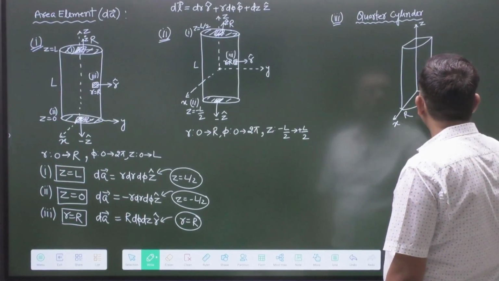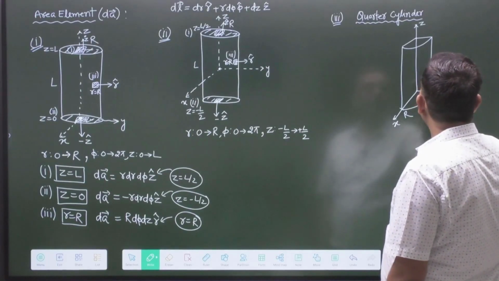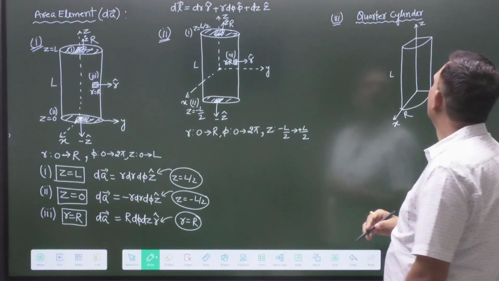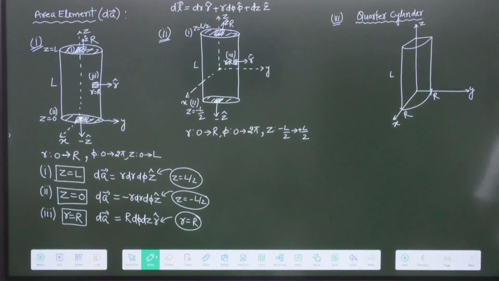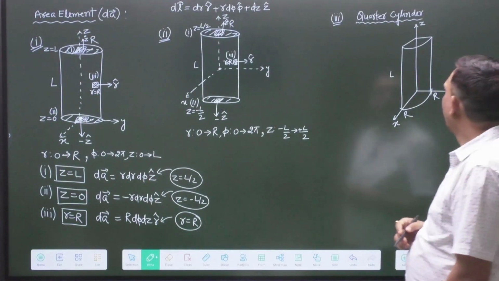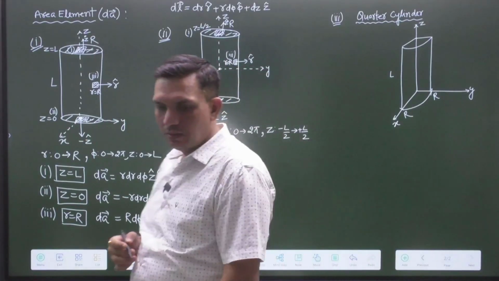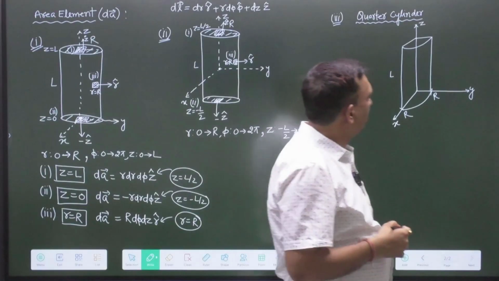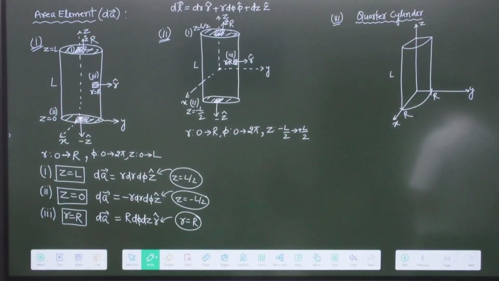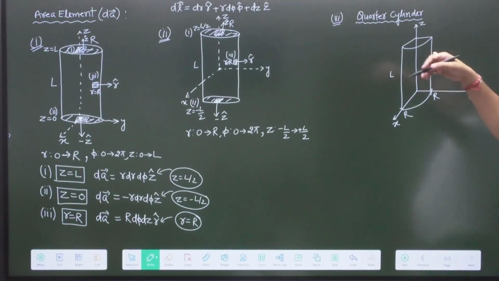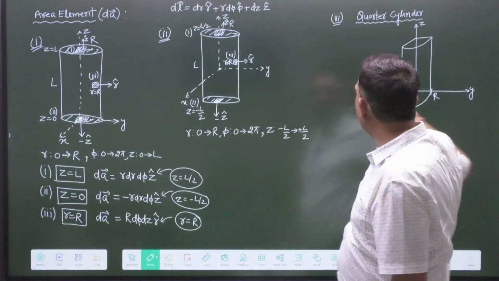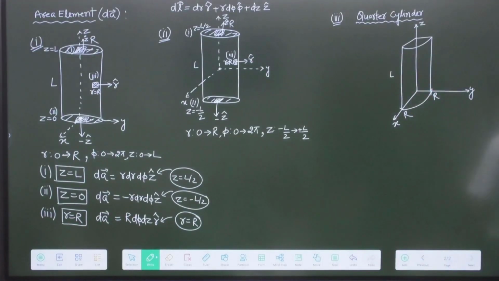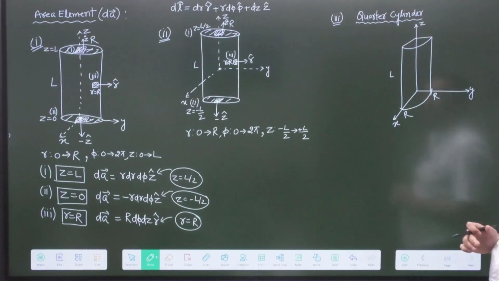This radius is R and this length is L. It's a quarter cylinder, one quarter part of the cylinder. You have taken one quarter part.